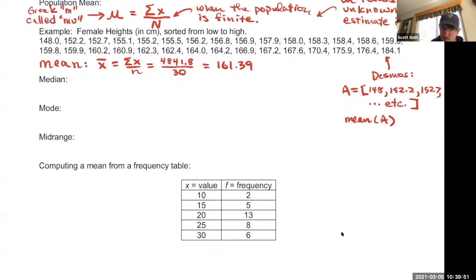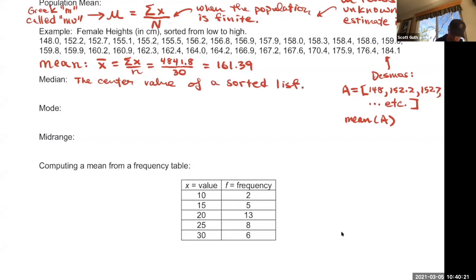You don't ever have to show your work computing the mean. I'm going to assume you're going to use a tool for this. Okay, the median is the central value after sorting the data set. I'll say the center value of a sorted list.